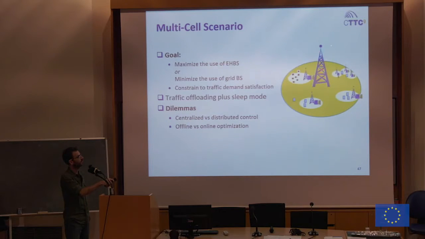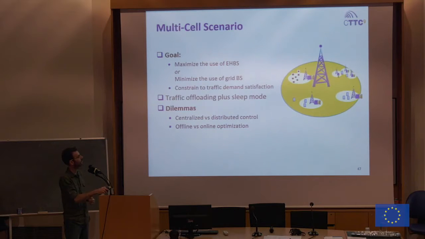I have one macro layer and several small cells deployed in the same coverage area. Because of the results in our previous study, we decided not to have solar add-ons in the macro base station, but only in the small base stations. So we have solar panel plus battery here.